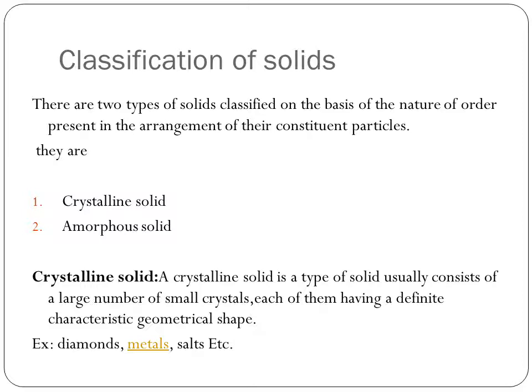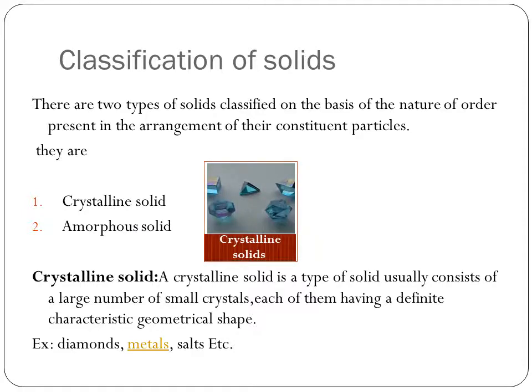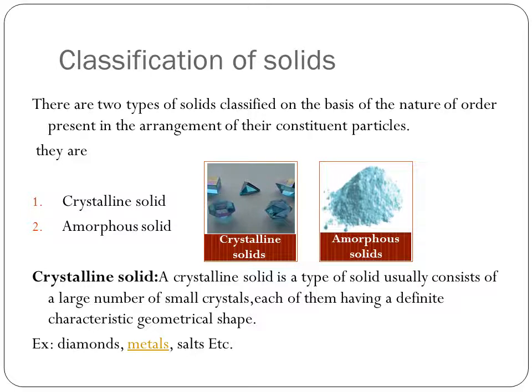Metals, you know, all types of metals, and salts made out of these metals are examples of crystalline solids, dear students. We are going to understand its properties in the next slide. So you can see the images of crystalline solids and amorphous solids.